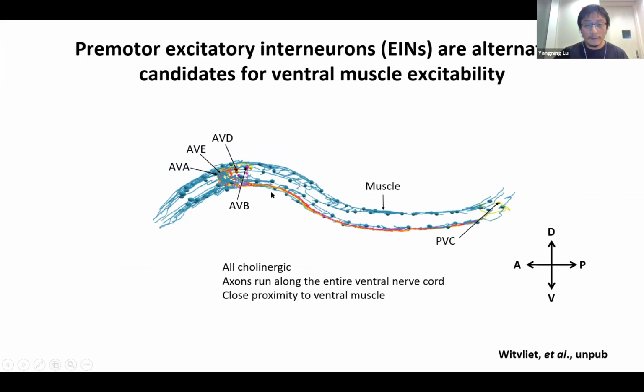And interestingly, all these premotor interneurons have this long process that lies along the ventral nerve cord. It's actually in proximity to the ventral muscle cells. And all of them are cholinergic. All right, so this set up our hypothesis that maybe, just maybe, these premotor interneurons might be underlying the ventral muscle excitability.